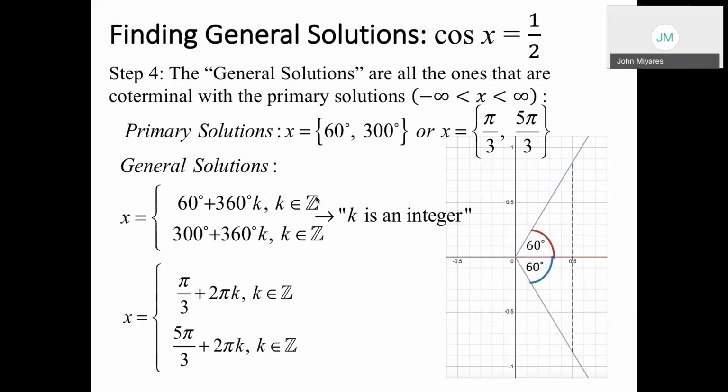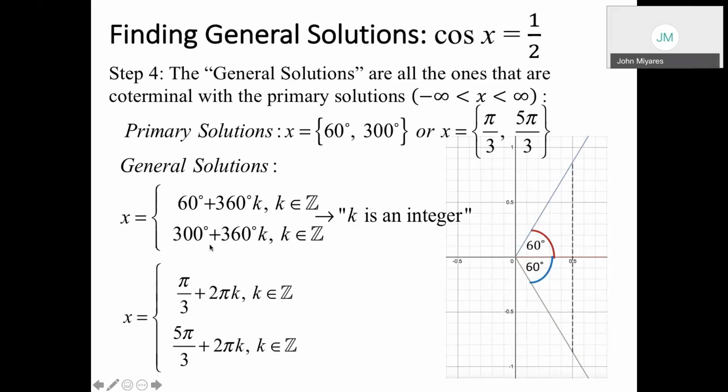The general solutions were then just going to be anything coterminal with those. And to find coterminal angles, you just add or subtract multiples of 360 or multiples of 2 pi radians to your primary solutions. Since integers can be positive or negative, I don't need to use the plus or minus sign in front of the 360k or in front of the 2 pi k.